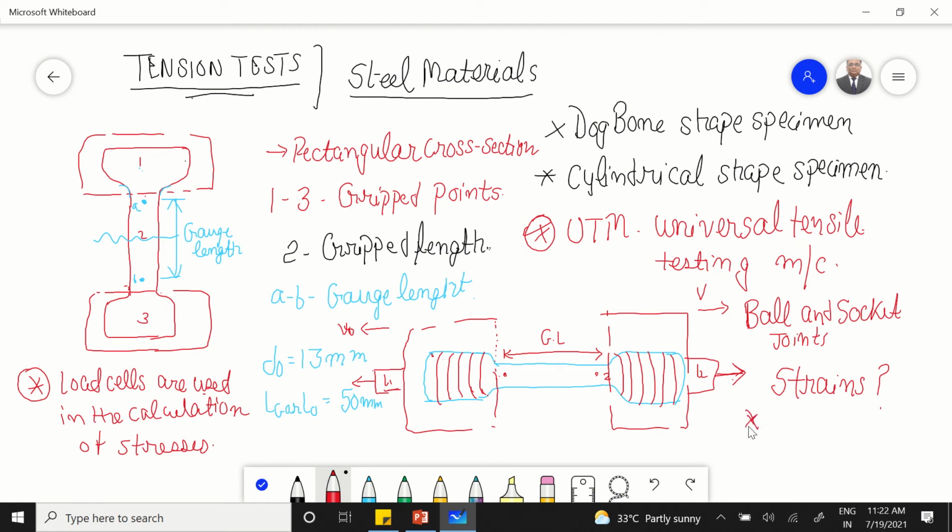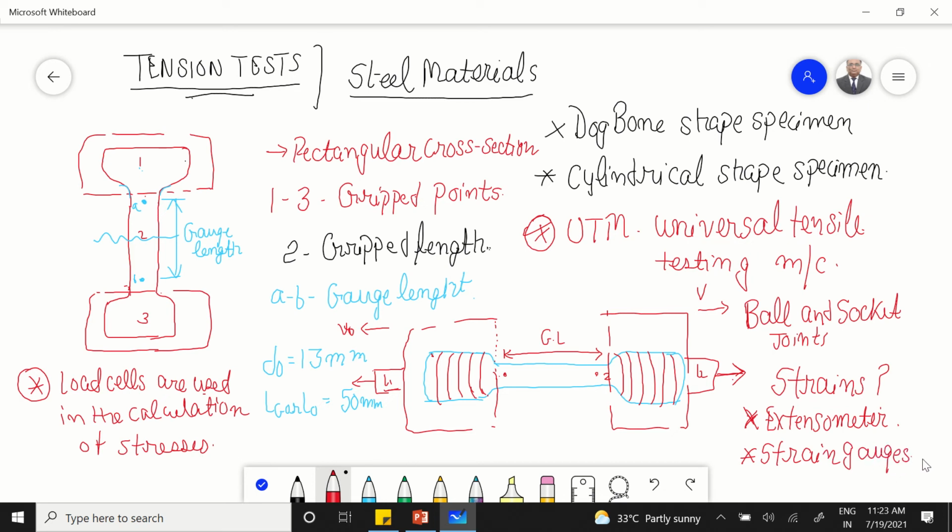One is to attach external devices to the surface of these specimens, which we call an extensometer. The other commonly used device that measures the strain directly we call strain gauges.